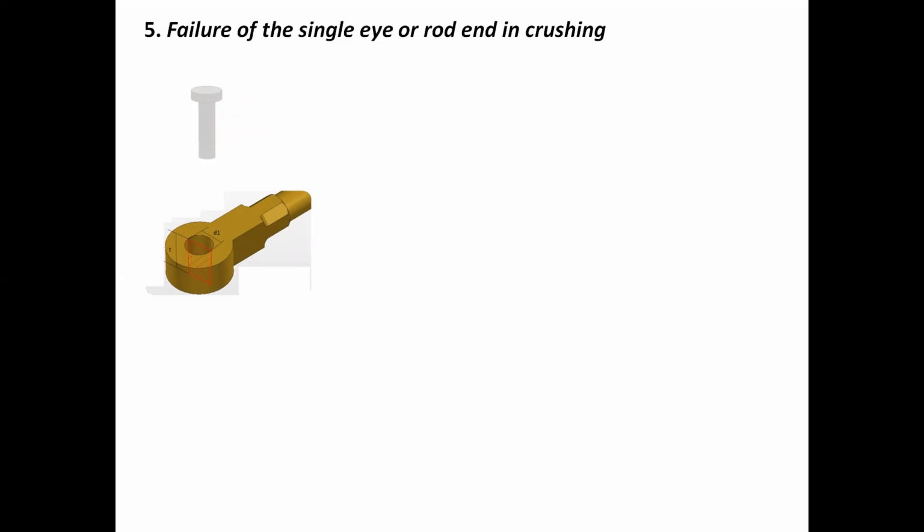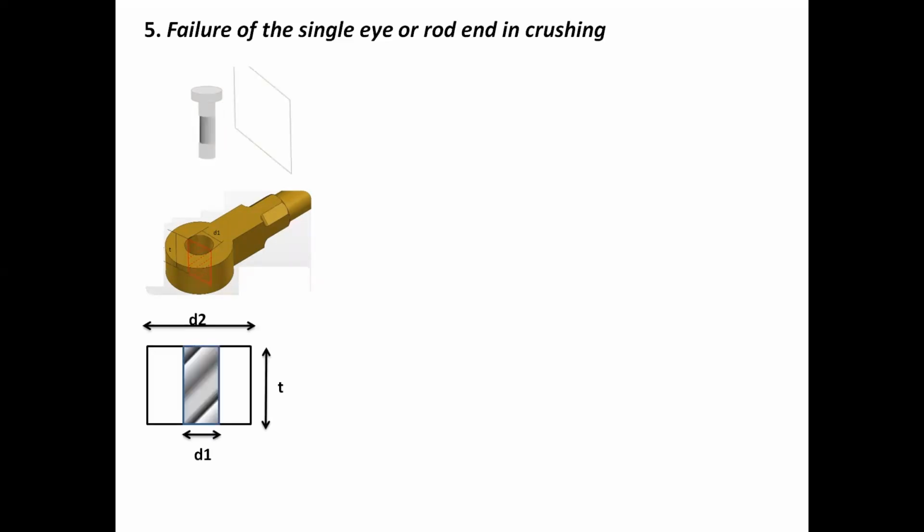The crushing area, when the knuckle pin is inside that single eye, is a rectangle which has thickness t and diameter, which is the inside diameter of single eye, d1. So here in the figure, that failure area is shown hatched, which comes out d1 multiplied by t.